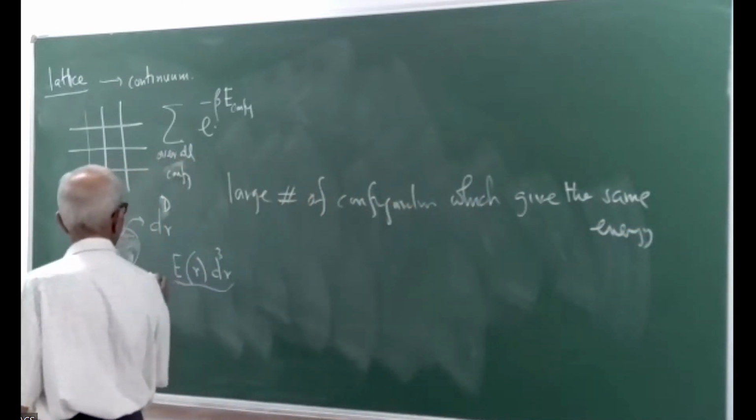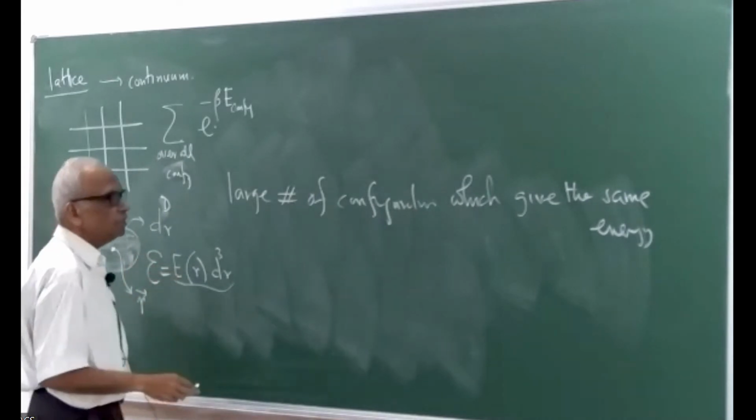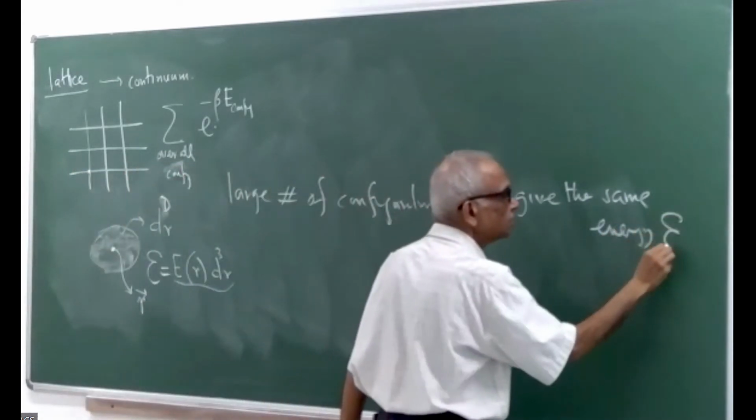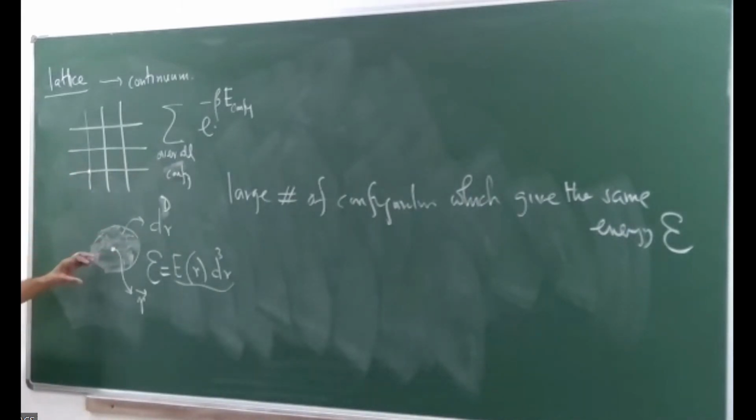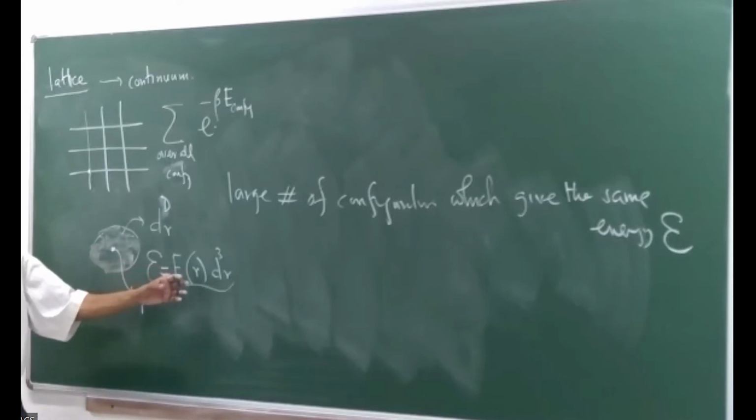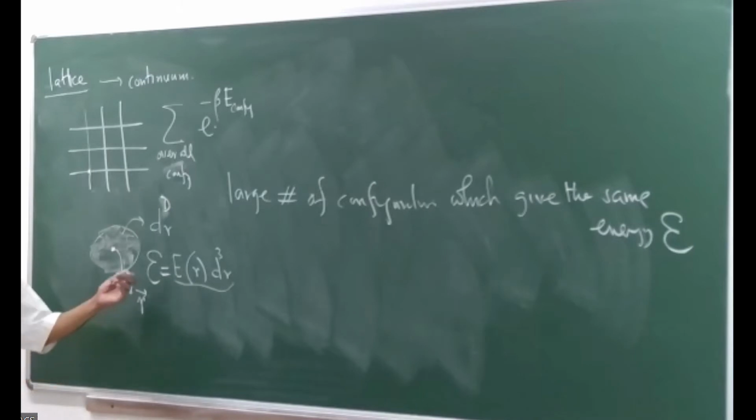If I call this a script T, it gives me the same energy E. So there can be various configurations of the local spins, all of which correspond to this energy E.